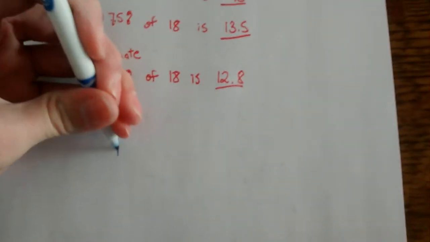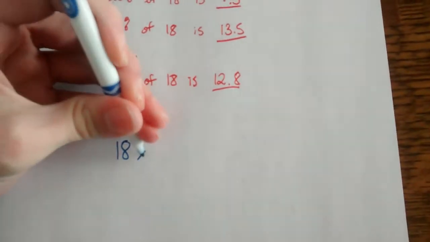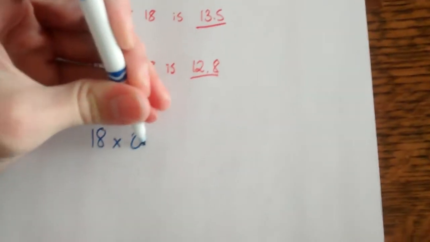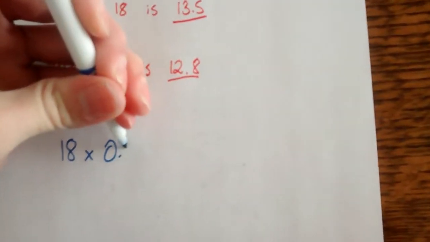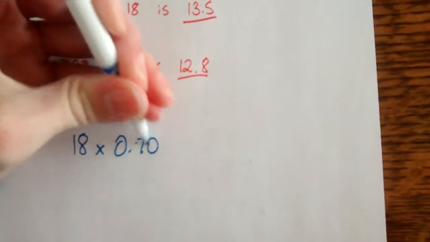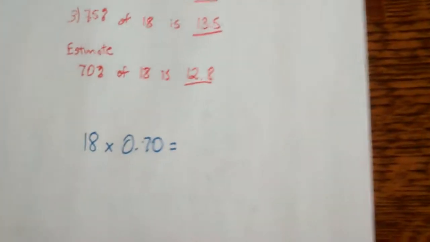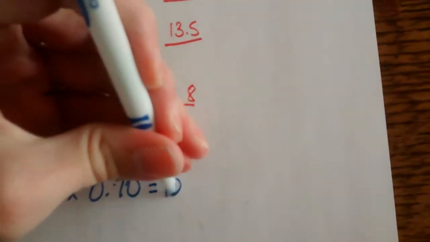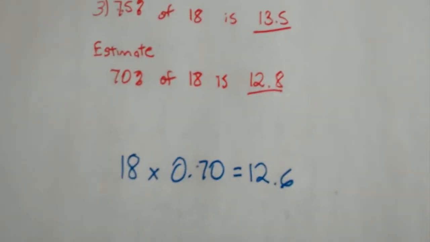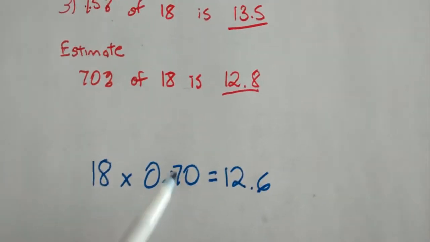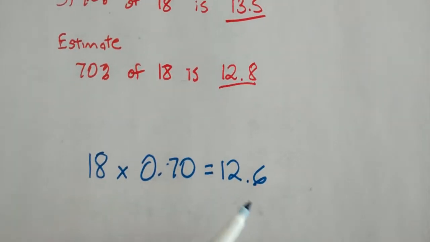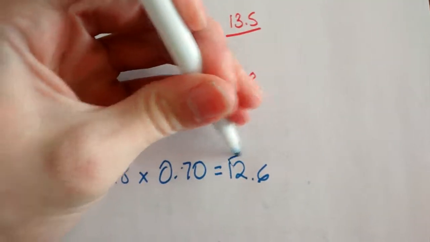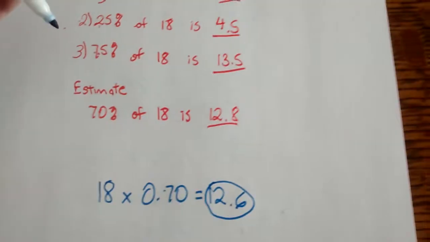So we're going to do 18 times 0.70, which equals 12.6. So pretty close to my guess of 12.8. So 70% of 18 is 12.6. So that's how much snow will melt.